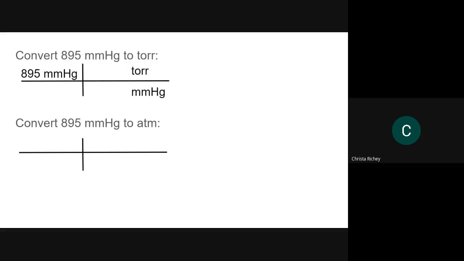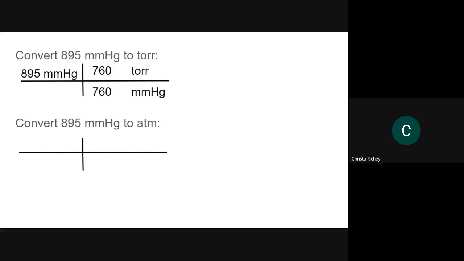Well, if you just wrote down how they were all equal to each other, what was the number in front of the millimeter of mercury from the 4 conversions that were in a row on the previous slide? What was the number in front of mmHg? You just wrote this down. 1 atmosphere was equal to something was equal to something. Oh, 760. What number was in front of the torr? Also 760.